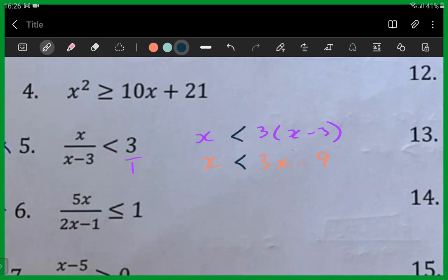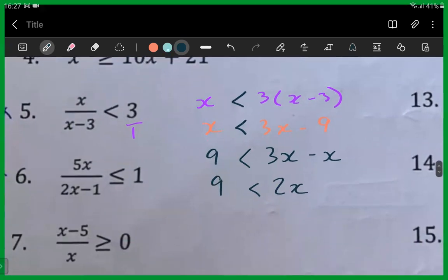And then from here, you can take the x to one side. So you can take this to this side, and you're going to have a minus x. And then you can take the 9 to the other side, and you have a positive 9. So here you have 3x minus x, which is 2x.